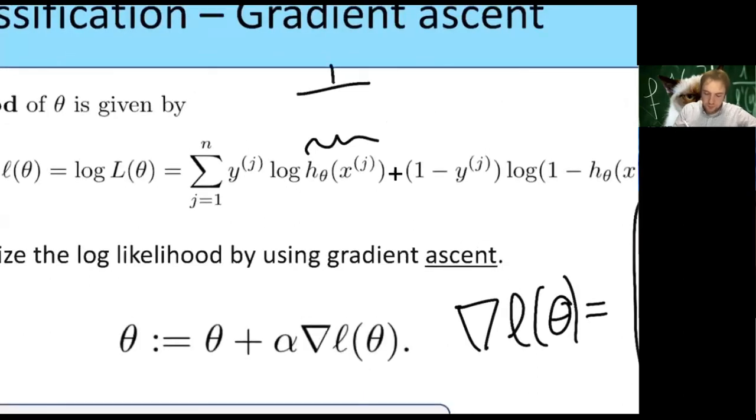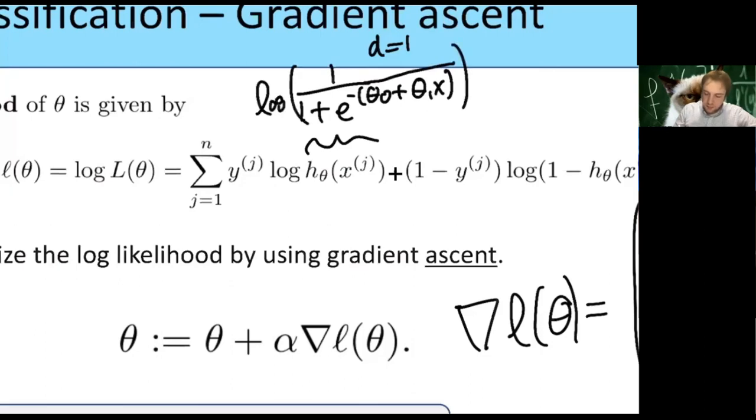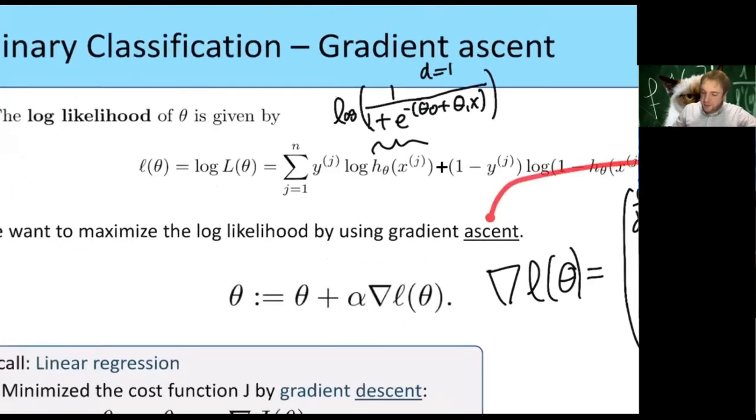Let's do the d equals 1 case again: the hypothesis is 1 over 1 plus e to the minus (theta 0 plus theta 1 x), and we also have a log here. To calculate this gradient, we need the derivative with respect to theta 0 and with respect to theta 1. And this is just calculus 1.